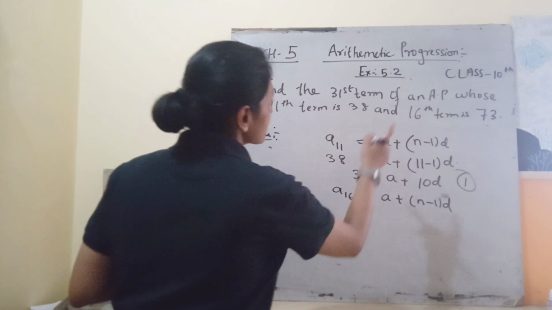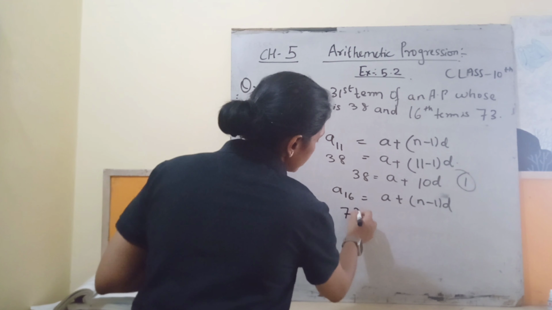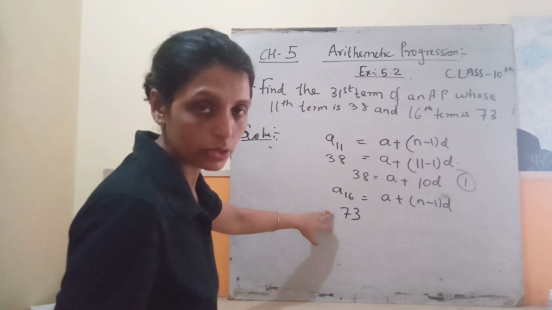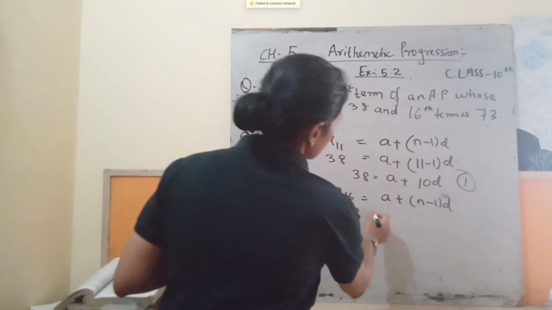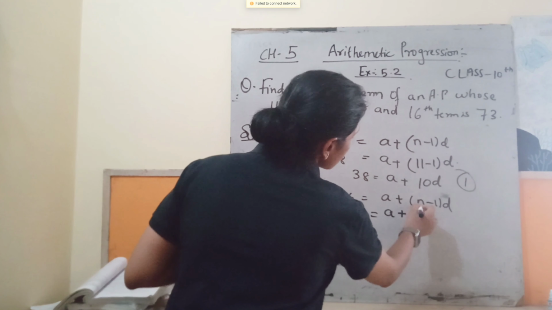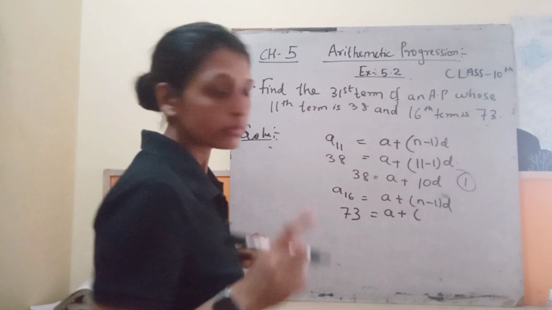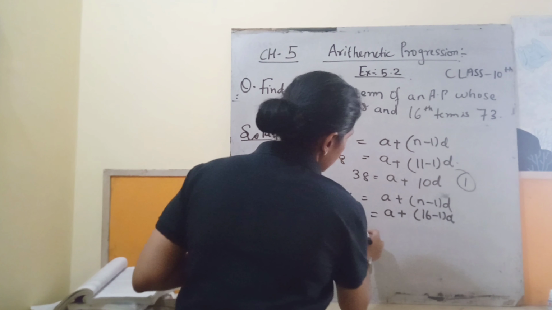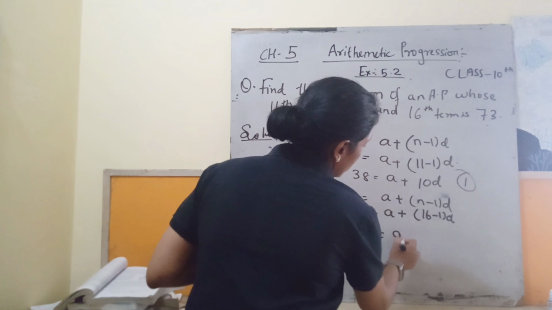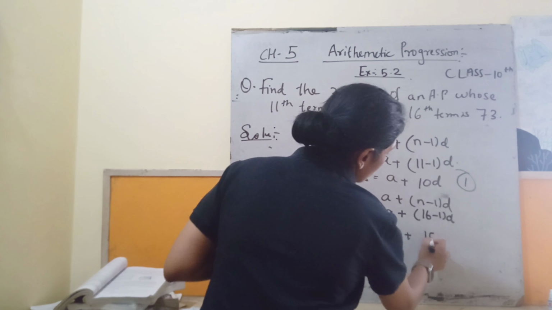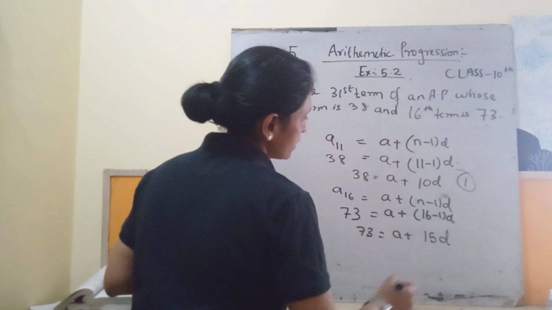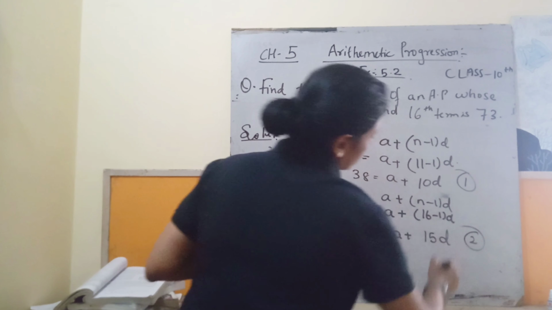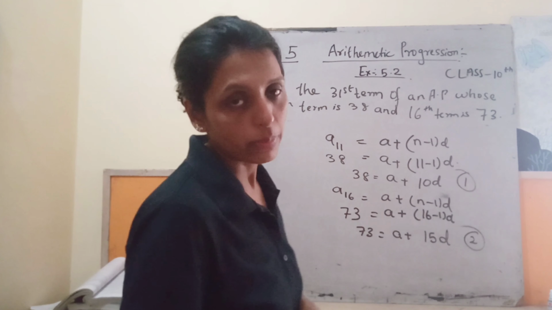The 16th term here is 73, so in place of this we put its value: 73 = a + (16 - 1)d, that is 73 = a + 15d. Write it as equation number 2.